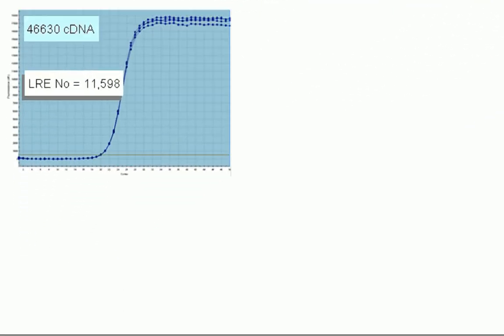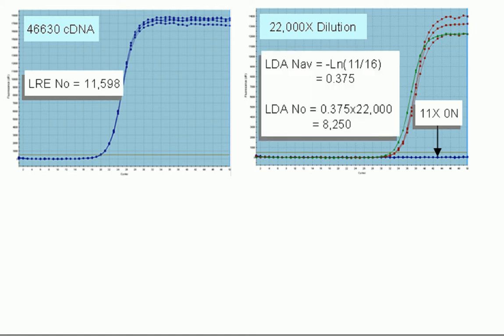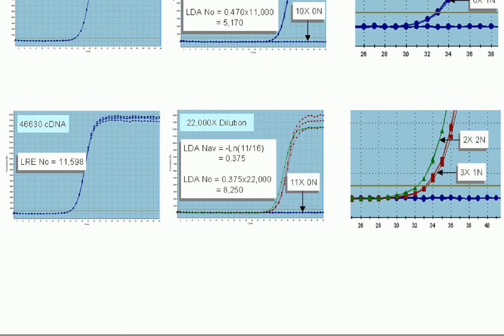In this second example, LRE predicted a target quantity of 11,600 molecules. Diluting the sample 22,000 times produced 11 nil reactions, from which LDA predicts a target quantity of 8,250 molecules. Closer examination of the profiles reveals 2 clusters, which are predicted to result from amplification of 1 and 2 molecules.